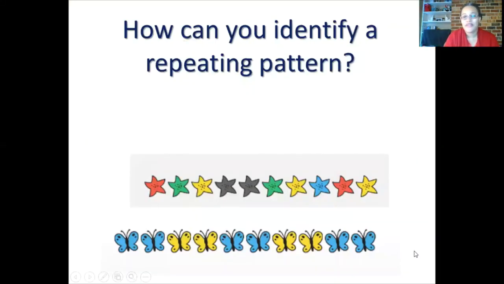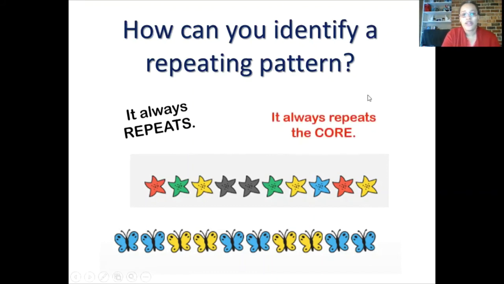How can you identify a repeating pattern? Well, think about its name. What did we learn? That repeat means that you do something over and over and over again. So a repeating pattern should always repeat, just like its name.